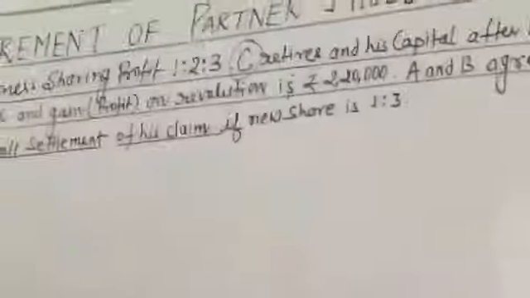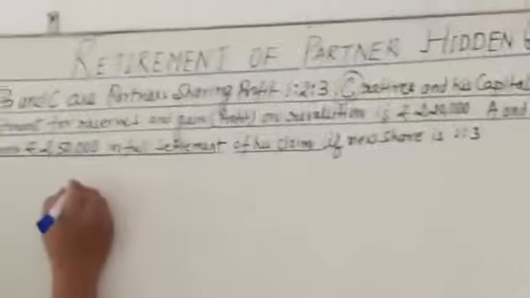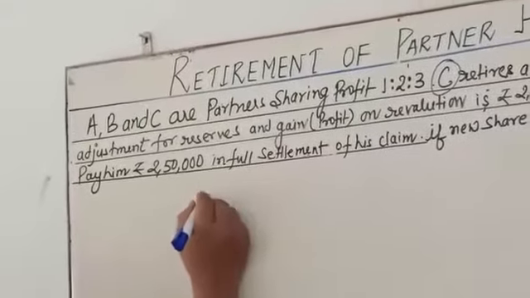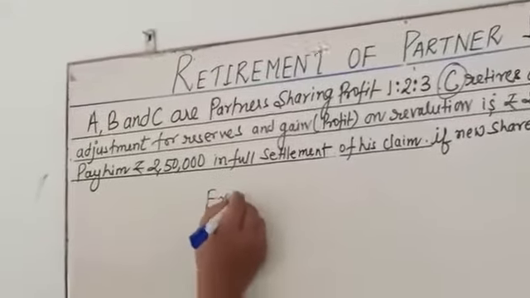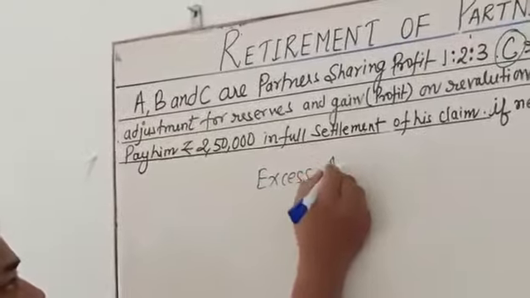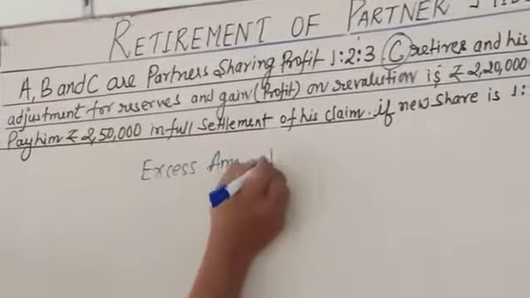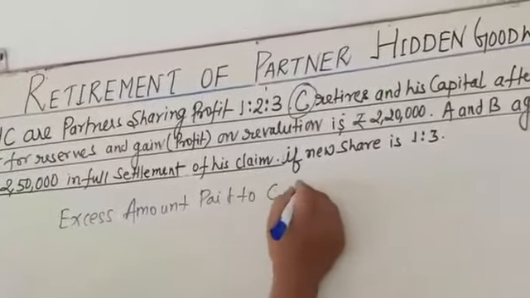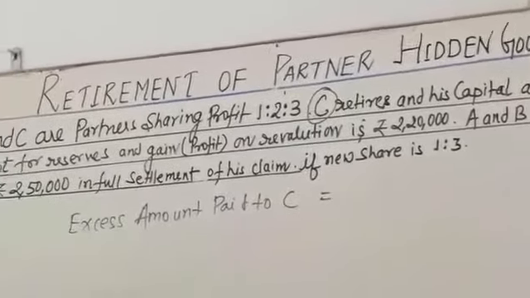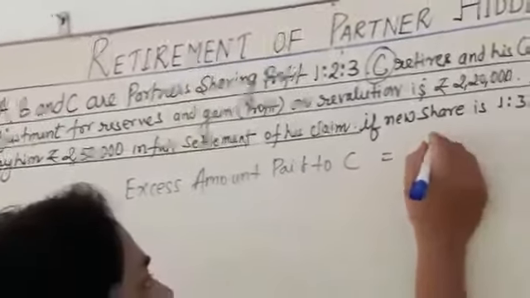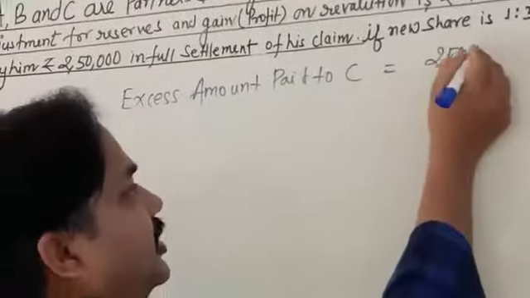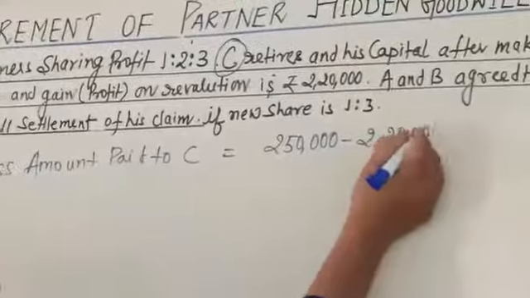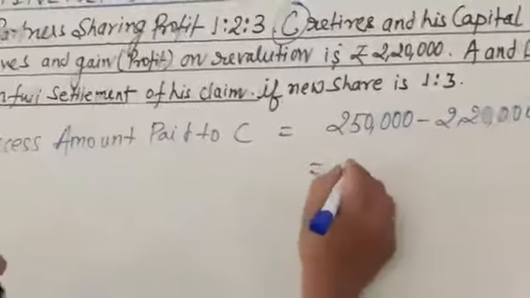Sometimes they pay a lump sum amount. So what is the excess amount? You calculate the excess amount paid to C. That is 2,50,000 minus 2,20,000, which is equal to 30,000.